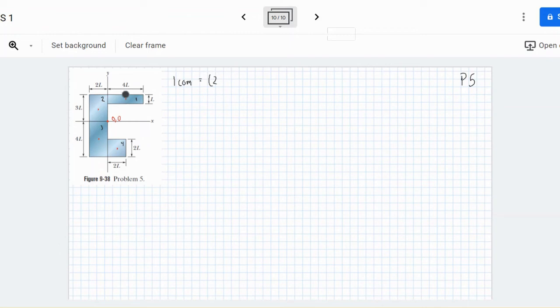So that's 3. It's 3 to the top. So it's got to be halfway between 2 and 3. What about 2 center of mass? Well, 2's over here, so it's to the left, so it's -1. And then it's 3 tall, so half of that, so 1.5.